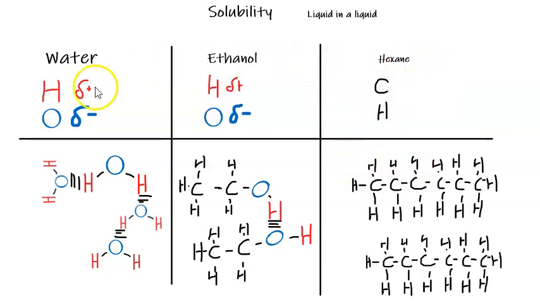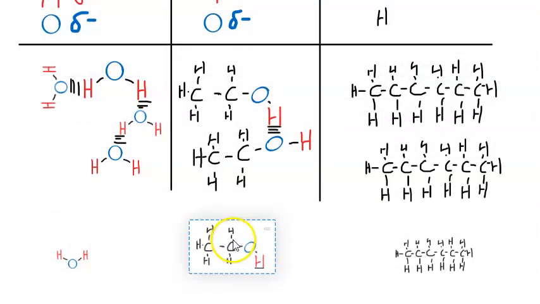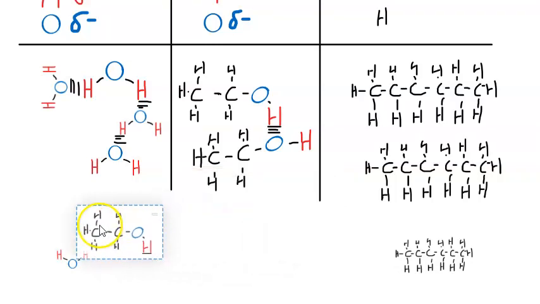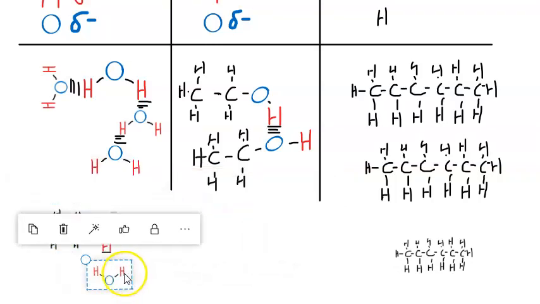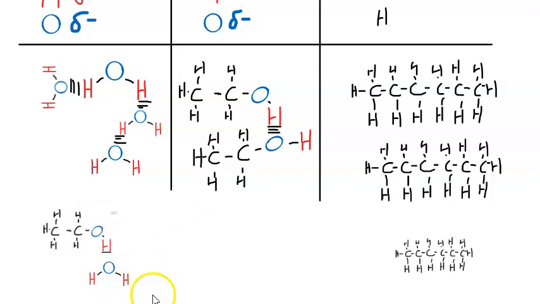So the solubility of these molecules: what happens when we put ethanol with water? I've got some little demo molecules here. If we take an ethanol molecule and mix that with water, what's going to happen is that the negative part of the water is going to form intermolecular bonds with the positive part of the ethanol, the hydrogen. And the positive part of the water is going to form intermolecular bonds with the oxygen part of the ethanol.